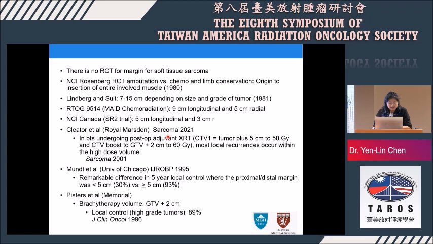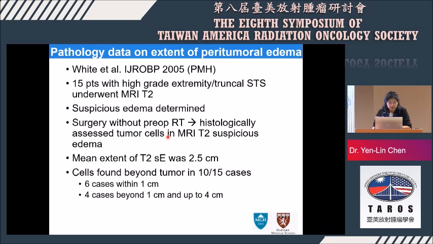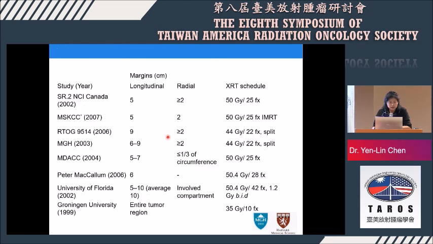So I'll skip over the talk on the margin. This is well detailed in the guideline, and these are hopefully well known to those of you who treat sarcoma. There's no randomized control trial for margin for soft tissue sarcoma, but through the NCI Canada randomized trial of pre-op versus post-op radiation, and then the RTOG, the North American or U.S. study, 0630, that's where we get the current margins of 3 to 4 cm, longitudinal and radial.